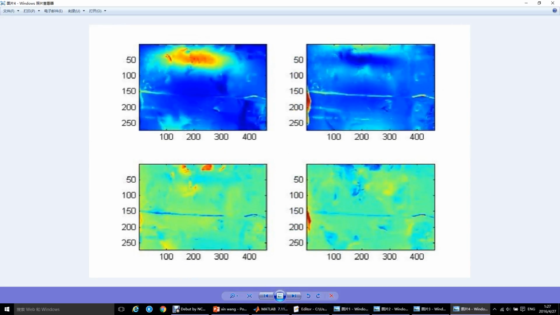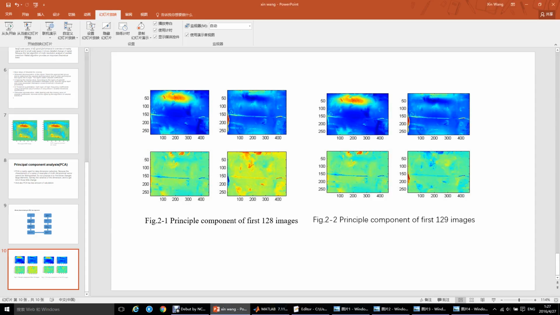And the last picture is the principal components of the first 129. We can also find the macro damage here. So this is my report about non-destructive testing.